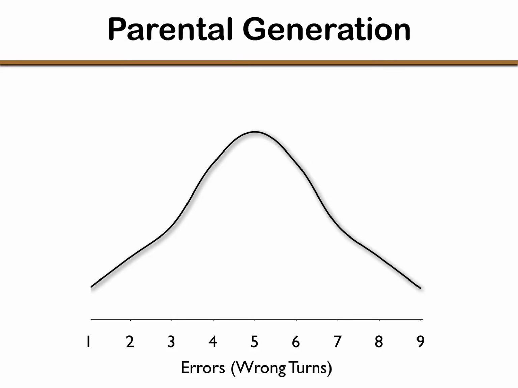You put them in a maze and you count the number of errors they make. And you can see over at the left-hand side of this curve, there are some that are making very few errors. And over on the right-hand side of the curve, there are some that are making a lot of errors. And most of the rats are making a moderate number of errors, in the middle. Okay, so a pretty normal distribution in terms of the number of errors that rats are making.